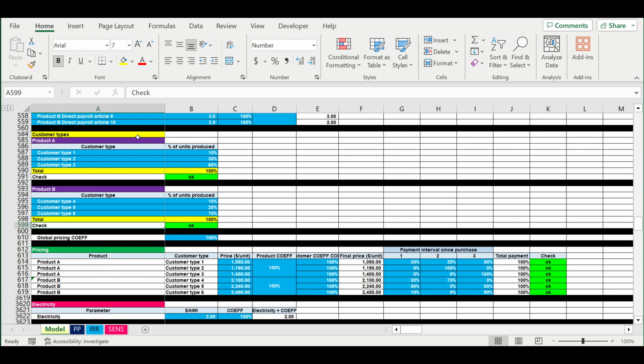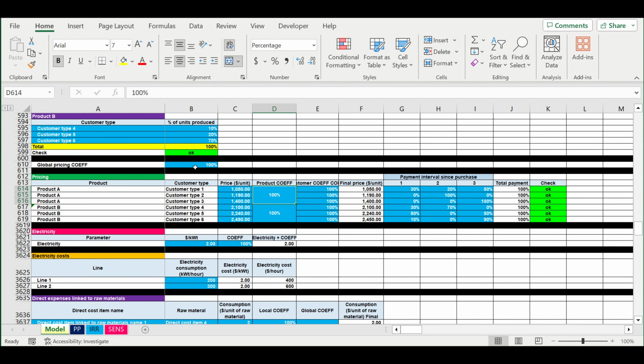Now let's dive into the revenues. First of all, let's assume that we have different types of customers. For instance, let's assume that we have 3 types of customers for each product. Here, we're allocating 100% of manufactured units of products between these 3 types of customers.